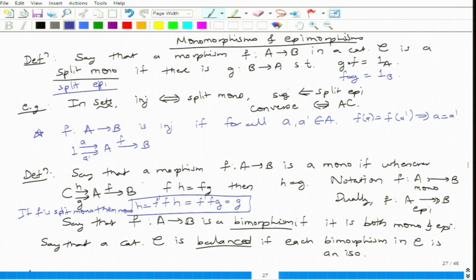Split mono is actually a very strong property. So strong that it's also preserved by every functor. Every functor will preserve split monomorphisms and split epimorphisms. Actually, for monomorphisms and epimorphisms, in different categories you need different types.